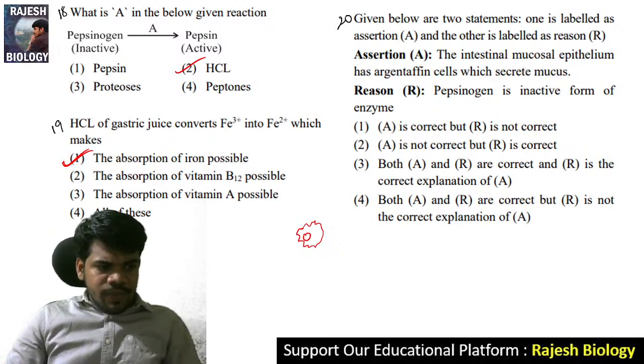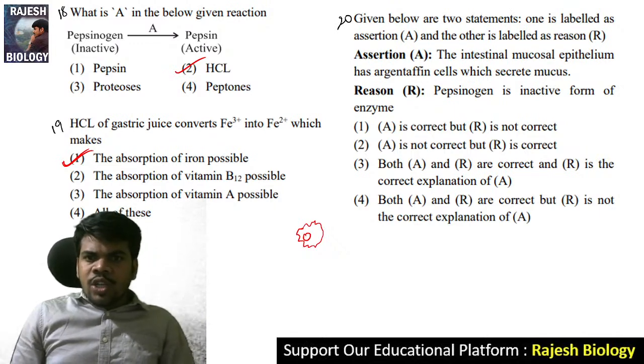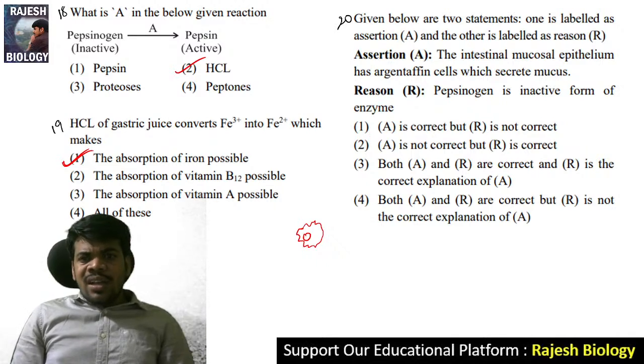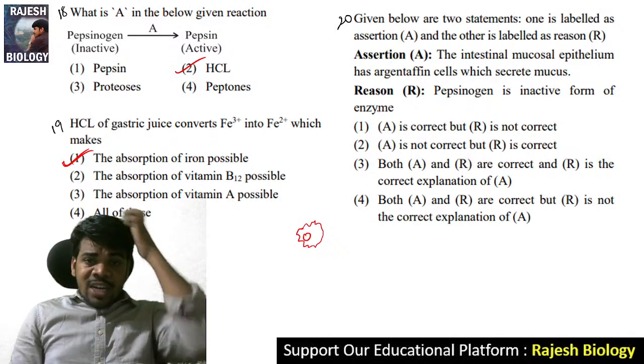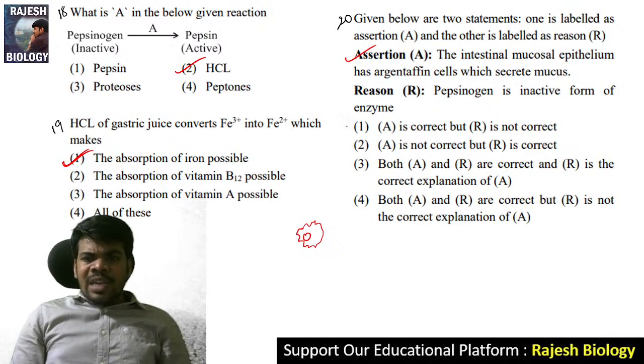20th question. Saujanya says 2. Yes, assertion: the intestinal mucosal epithelium has argentaffin cells which secrete mucus, correct. And pepsinogen is the inactive form of enzyme.